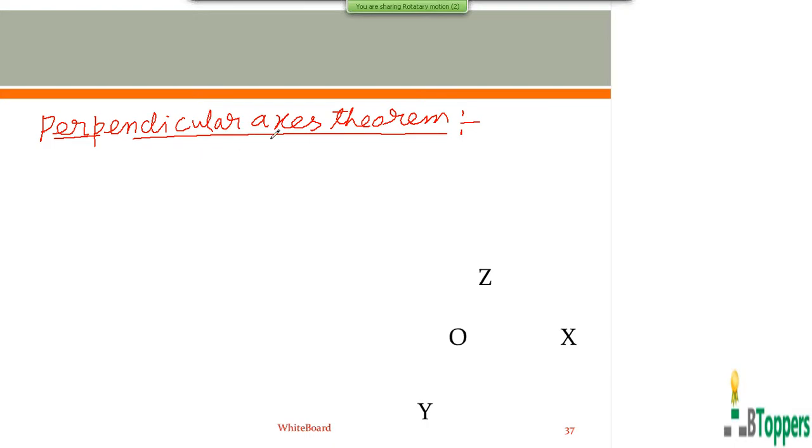This perpendicular axis theorem can be applied for a plane rigid body. For example, you can apply it for a circular plate, square plate, or rectangular plate, or for any plane rigid body, circular disc, etc. Let us consider a plane rigid body of any arbitrary shape.